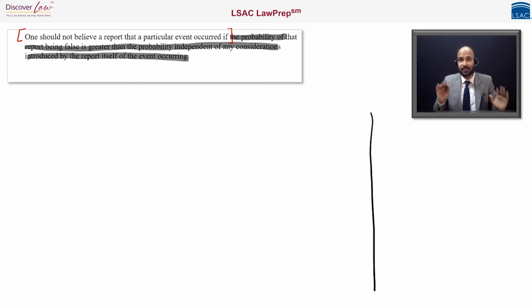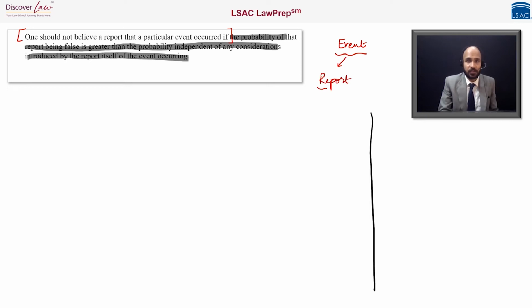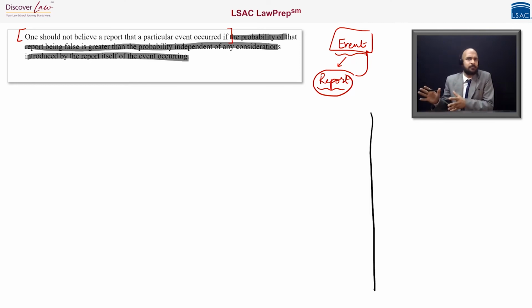That's something you understood. It says that let's say there's an event, and there is a report of that event. It says do not believe the report that this event occurred if something else. Okay, now let's go ahead and see what that is.